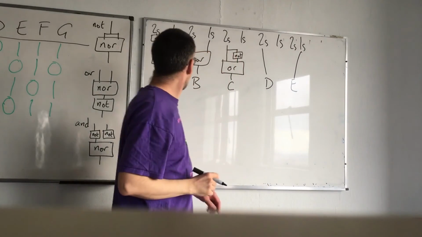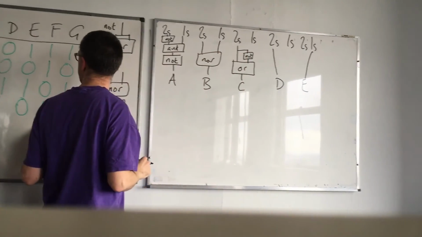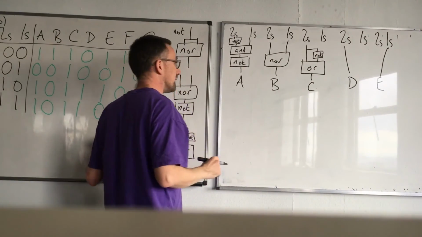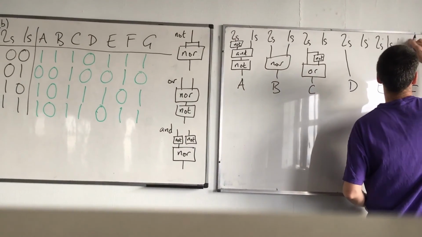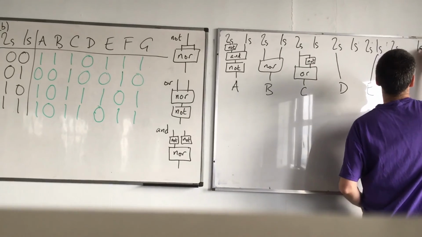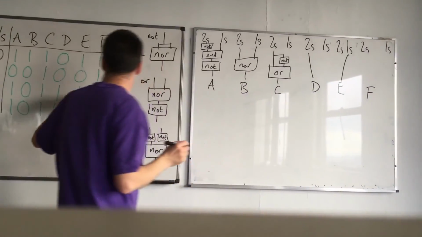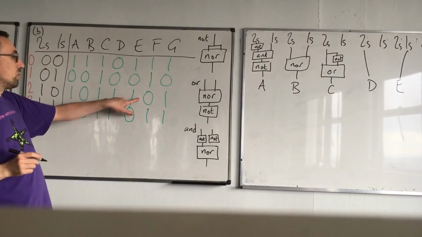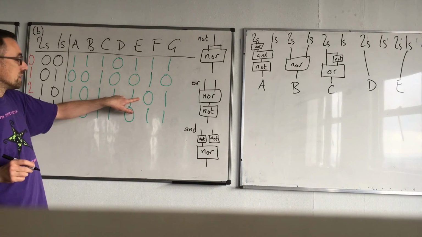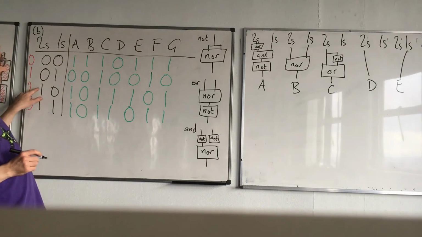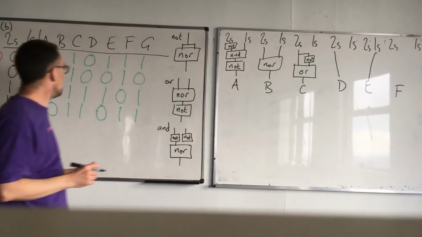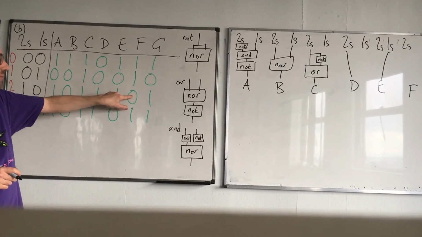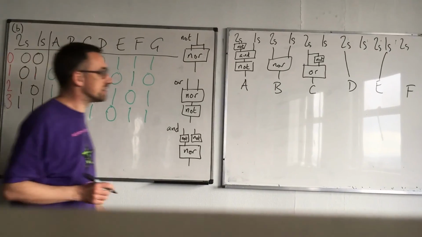Next up, we have F, and it's a lot like A, but not quite. Again, there's only one bit pattern we want to reject, and that's the bit pattern 1, 0. So first of all, we build a detector for that bit pattern, a detector for 1, 0.